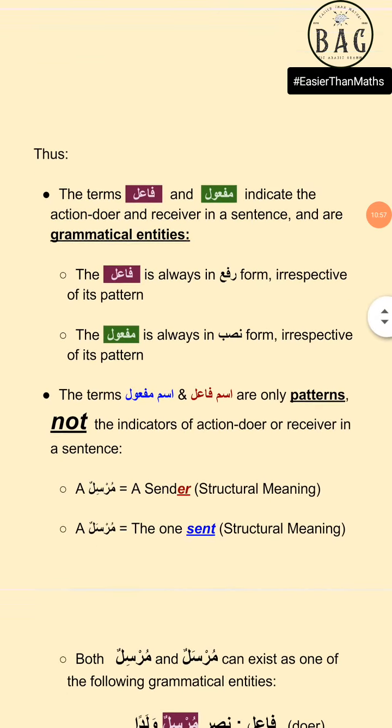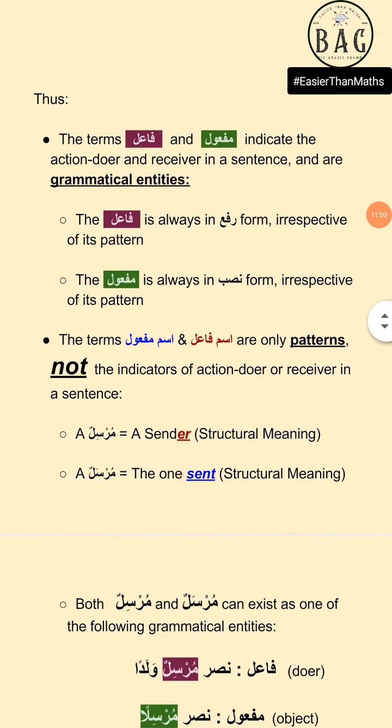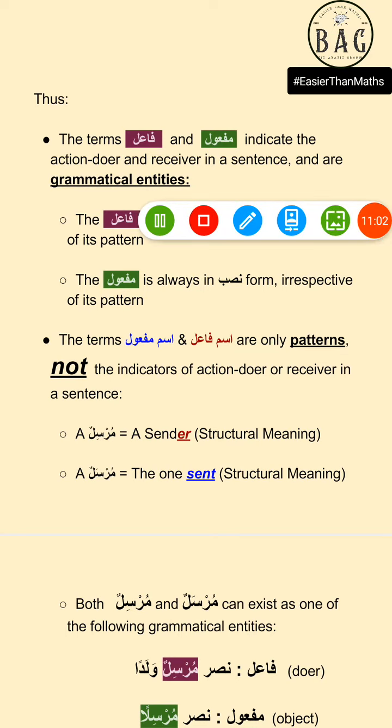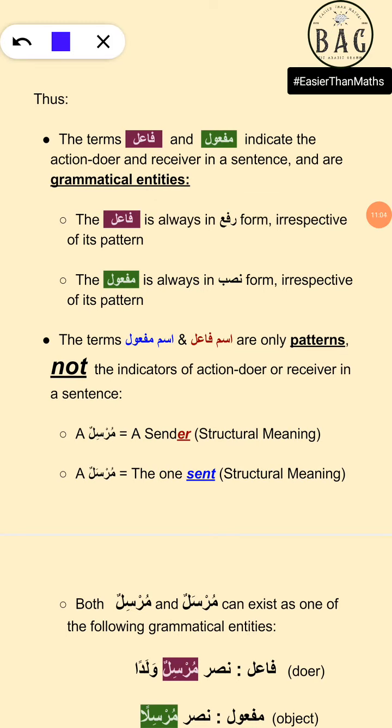All right, so whatever I've said so far has been penned down over here. Let's give it a read together. The terms fa'il and maf'ul indicate the action doer and receiver in a sentence. So any word that is in rafa is going to indicate a doer, or a fa'il, in Arabic.